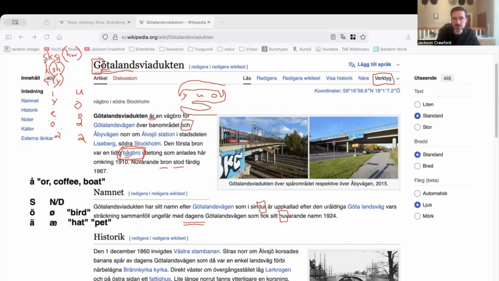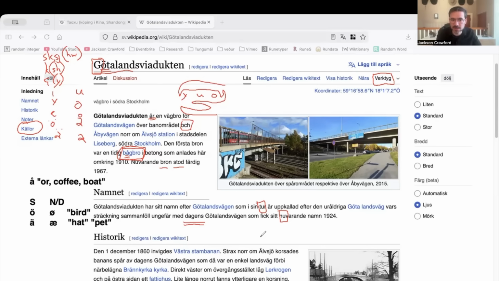So ska would normally sound like ska, ka normally sounds like ka, ga normally sounds like ga, but they change before these vowels. So this is Götaland, not Götaland, Götaland. And likewise, if we look for a nice K before a, here we go, Shallor, Shallor, sources, okay?